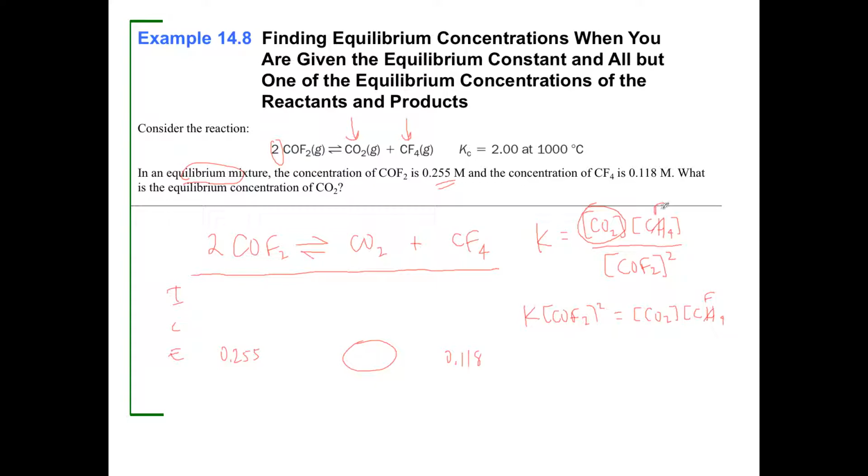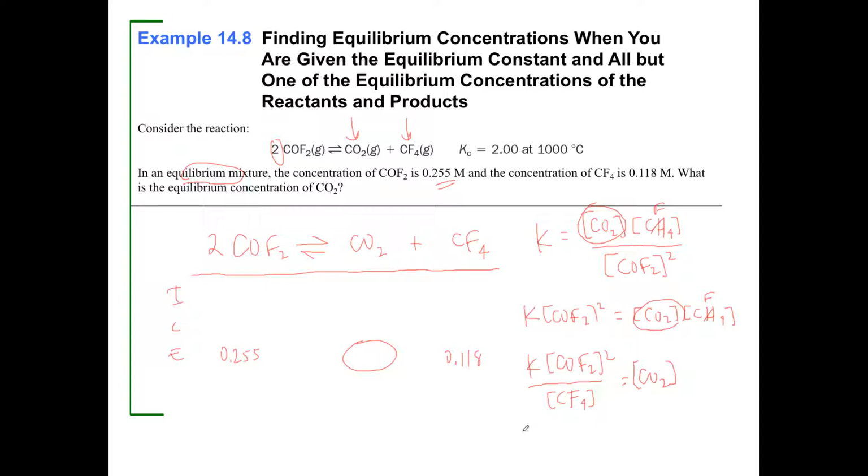That's not methane. All right. And this is what I'm looking for here. So it looks like if I divide both sides by that, I'm good. So it's K times COF2 squared over the concentration of carbon tetrafluoride is going to be what I'm looking for, right? The concentration of carbon dioxide.